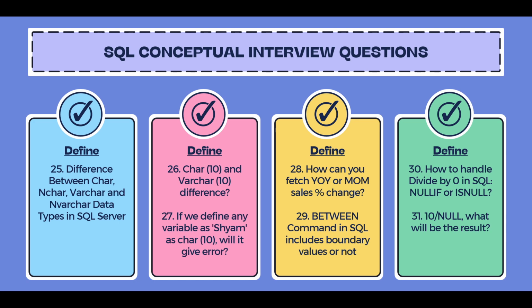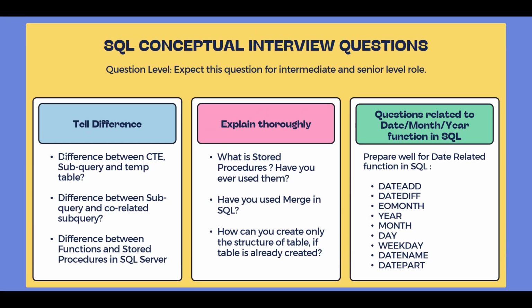Also how to handle the null condition, or divide by zero error. If you have errors and null values, they ask you, if we have 10 by null, what will be the result? In this case the result will be null, because we cannot divide or compare or do anything with null. Then they will ask how do you handle this case. So we handle it using NULLIF and IS NULL, okay.